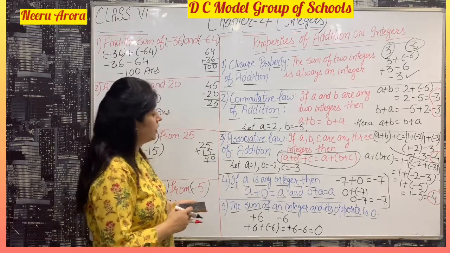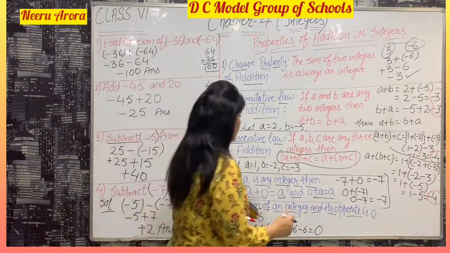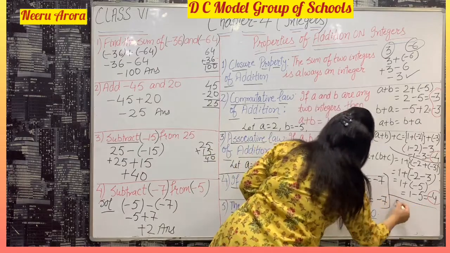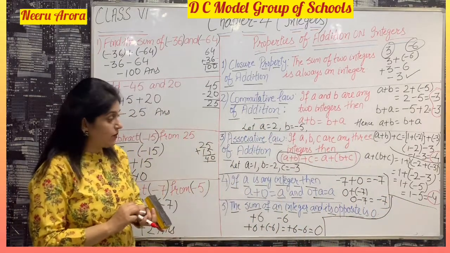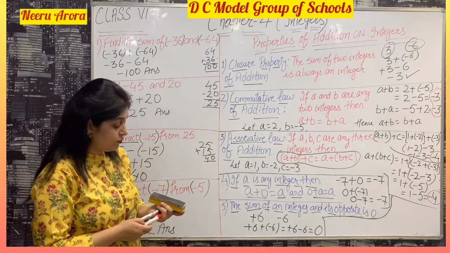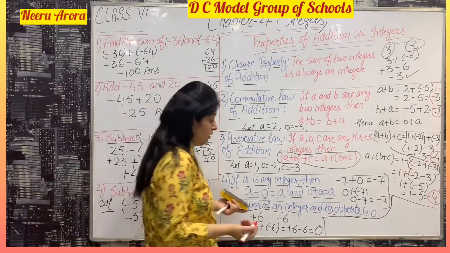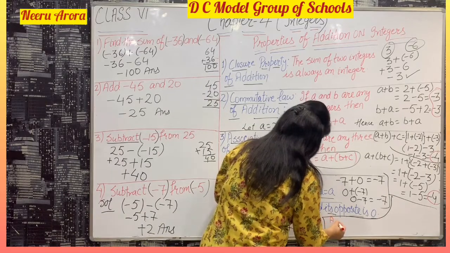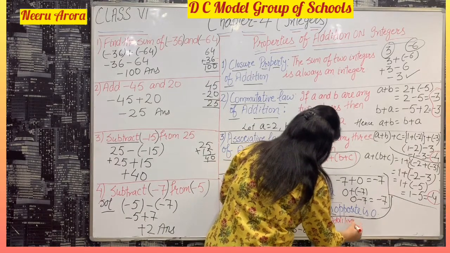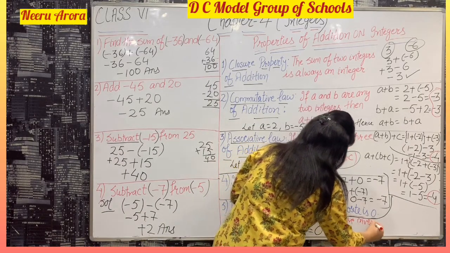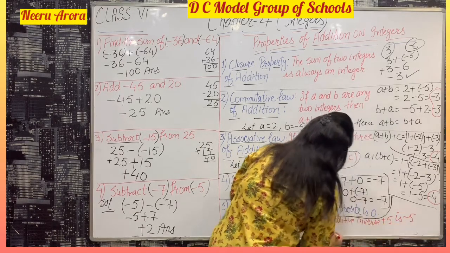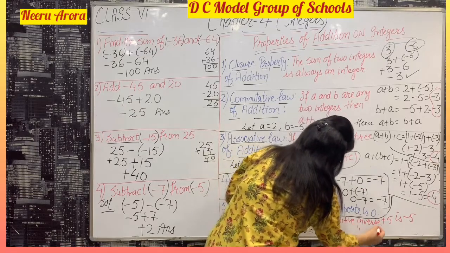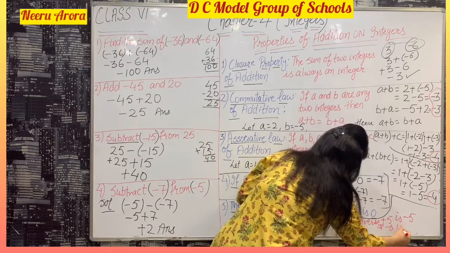Now I want to introduce one more thing here: additive inverse. What is additive inverse? That is very simple. If we want to find the additive inverse of any number, its sign changes. Suppose the additive inverse of plus 5 is minus 5. Additive inverse of minus 6 is plus 6.